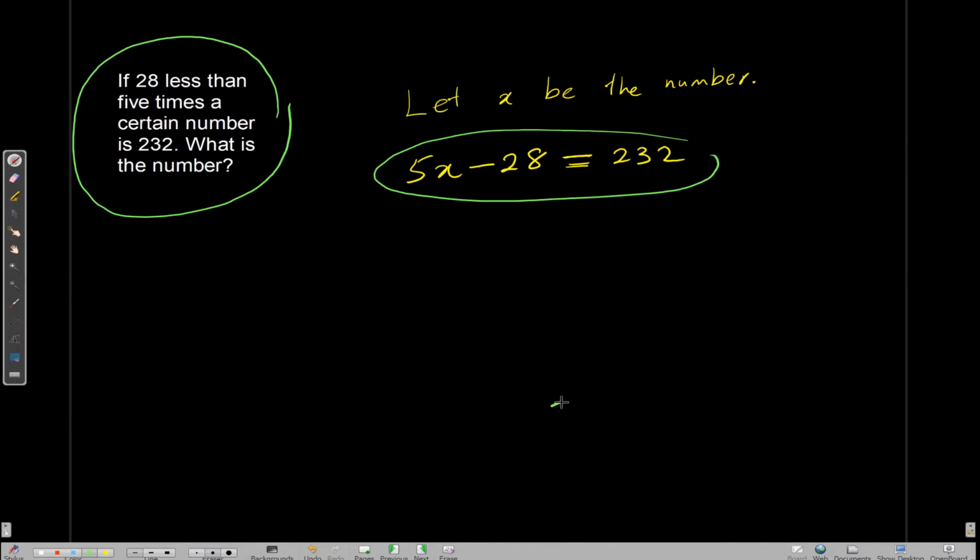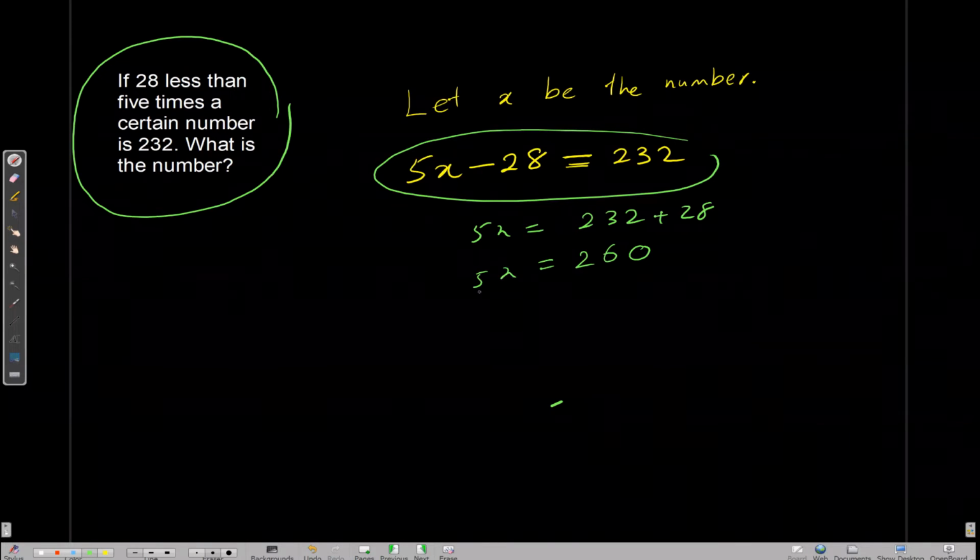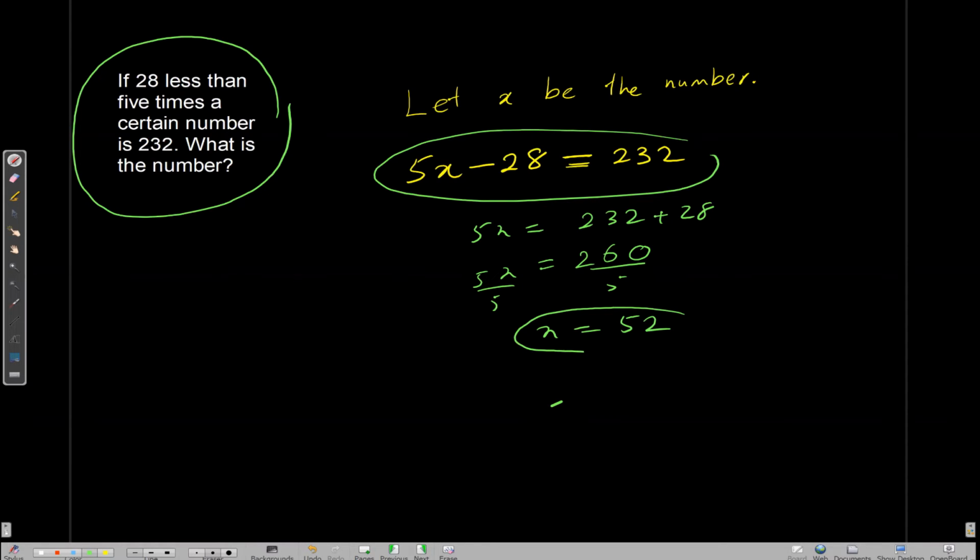Now it's a matter of solving it. So 5x, and you add 232 plus 28, and you get what? 260, and you divide by 5 to get x equals 52, right? Okay, so the most important part is converting this into this equation.